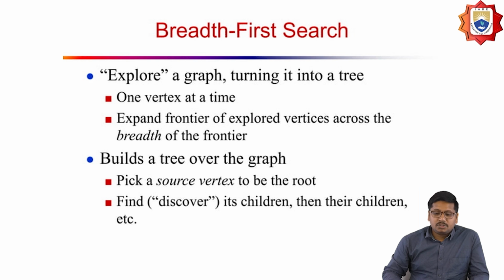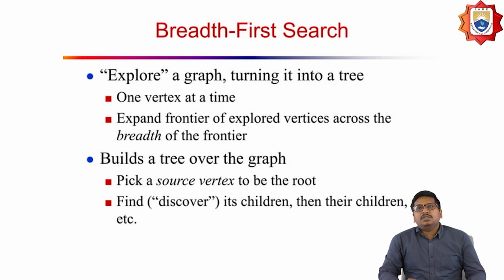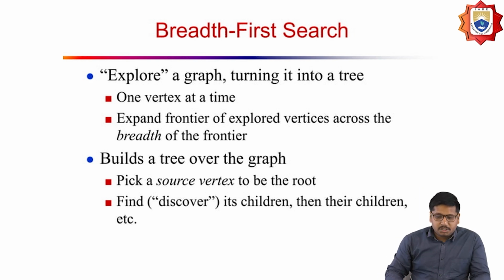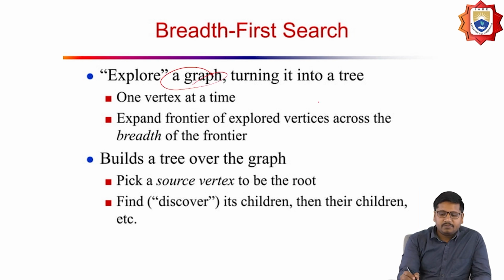In this, the first concept is breadth first search. What is breadth first search? Breadth first search explores the graph, turning it into a tree. For that, you take one vertex at a time and expand the frontier of the explored vertices across the breadth of the frontier.